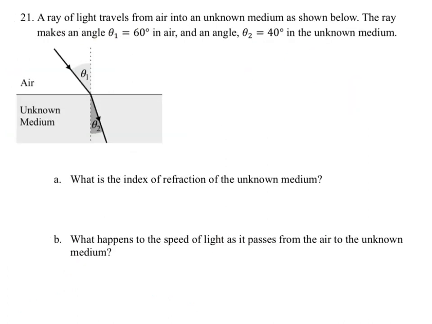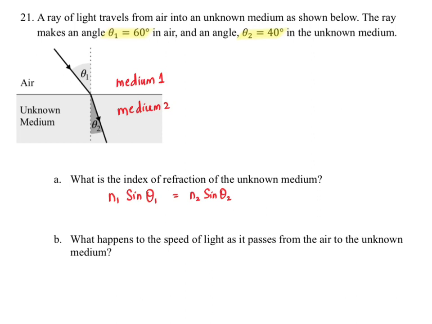The next question, a ray of light travels from air into an unknown medium as shown below. Angle theta 1 is given to us as 60 degrees in air. Theta 2 is given as 40 degrees in the unknown medium. So if you look at the diagram carefully, the ray is traveling from air to the unknown medium. Let's name the mediums as medium 1 and medium 2.